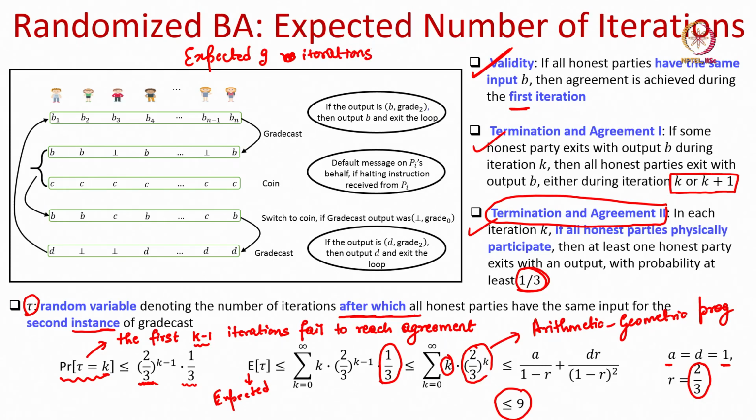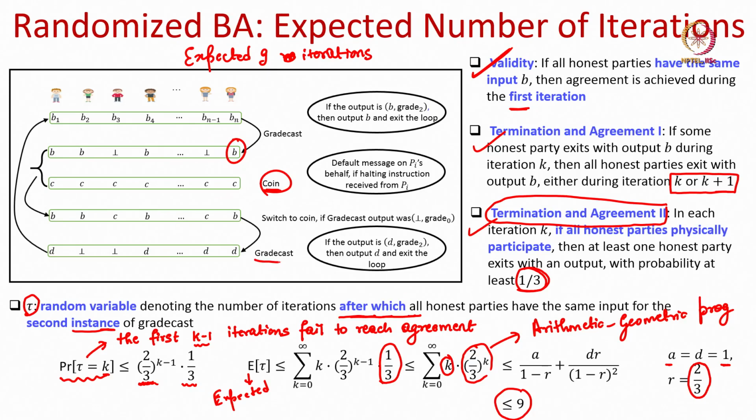Of course, it could be possible that parties never terminate even after running for 10,000 or a million iterations, and that can happen only when all the honest parties start the protocol with a mixed bag of inputs, and the output of the coin and the output from the first invocation of Gradecast always turn out to be different, or the commonness probability is not triggered.